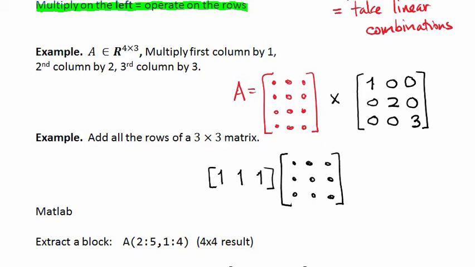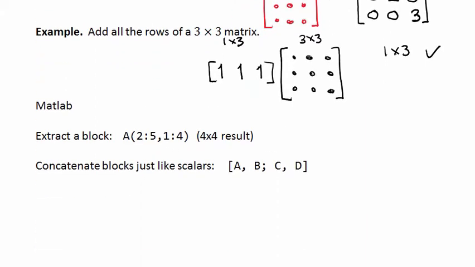It's always a useful check at the end of a problem like this to see whether the sizes actually work. So in the first example, I have a 4x3 times a 3x3, so the answer is defined and 4x3, and that's correct. We wanted an answer the same size as A. Here I have a 1x3 times a 3x3, and the answer is 1x3. That's what you should get if you add up the rows of a 3x3 matrix.